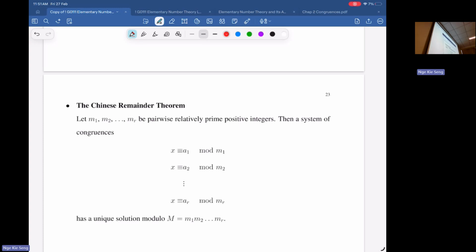What's this number? You just multiply all the moduli together. This modulus could be very large. The interesting thing is that the solution is unique up to this modulus.